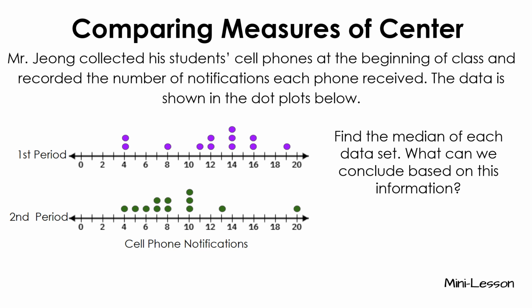Let's continue to compare our measures of center. Now, we should find the median of each data set and see what we can conclude from there. We're going to remember that the median is the center of our data set. So I'm going to list them in order from least to greatest.